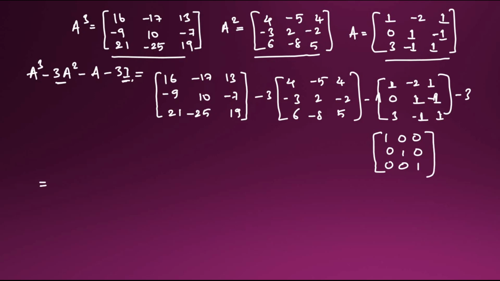After that, this into 3, 4 threes are 12. Okay, so we write here 16 minus 3 fours are 12, and 3 fives are 15, minus into minus plus 15. This minus into this, 3 fours are 12, minus 12.